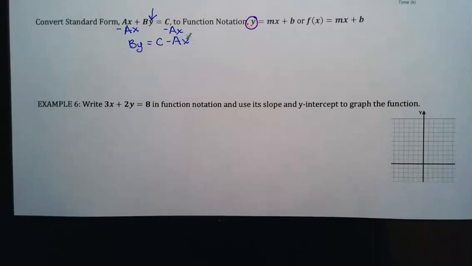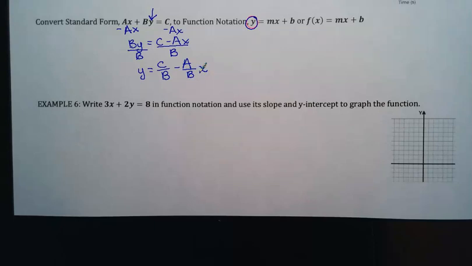We're just balancing a literal equation at this point. We have b times y, so we're going to divide by b to get y by itself. So y equals c over b minus a over b x.